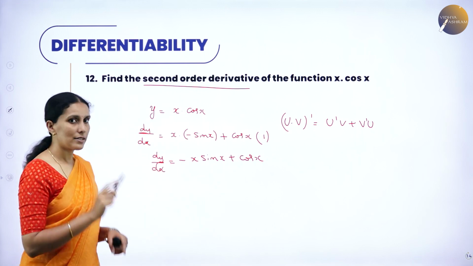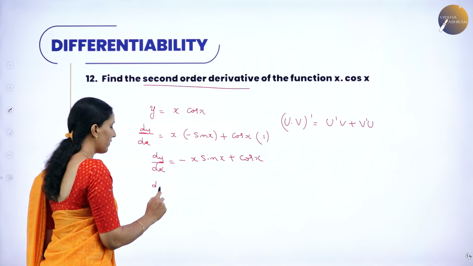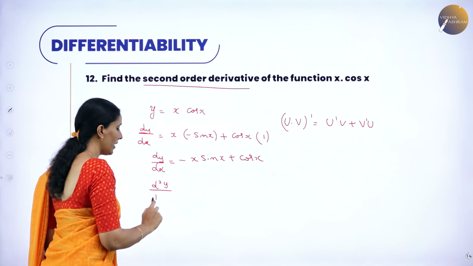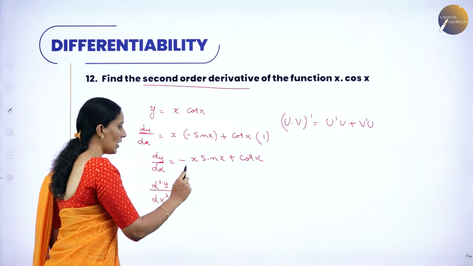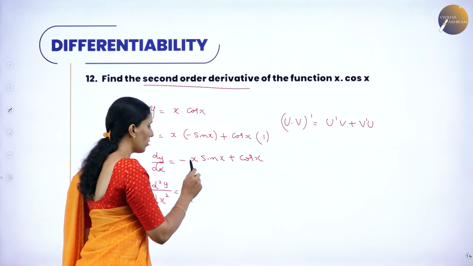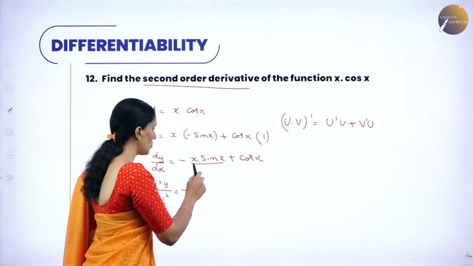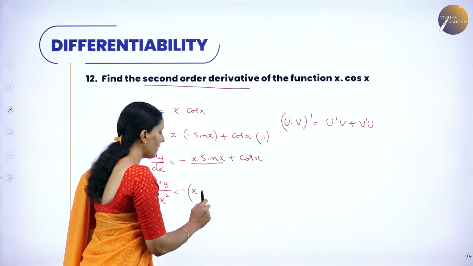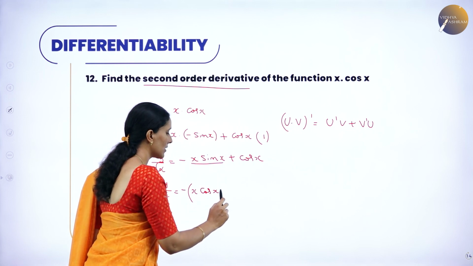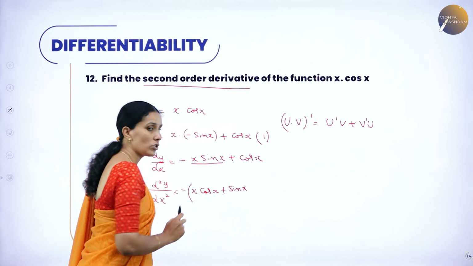Now dy by dx is a first order derivative, again differentiating. So again differentiating, we get d square y by dx square. So let us keep minus outside. So let us apply the product rule, because we have here two functions. One is x, another one is sin x. So first function into derivative of second, that is cos x, plus second function into derivative of first, which is 1.